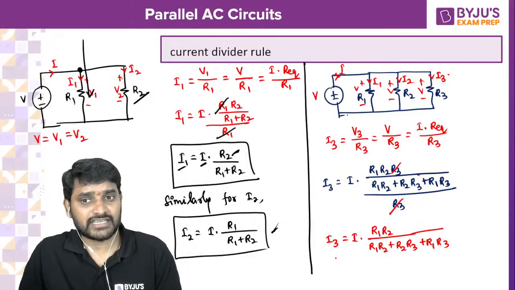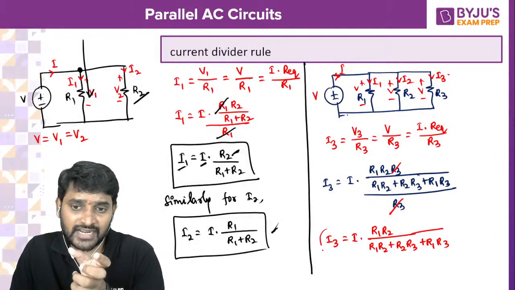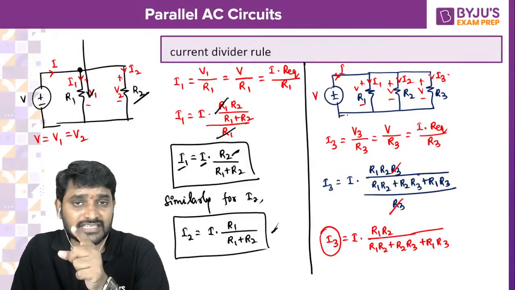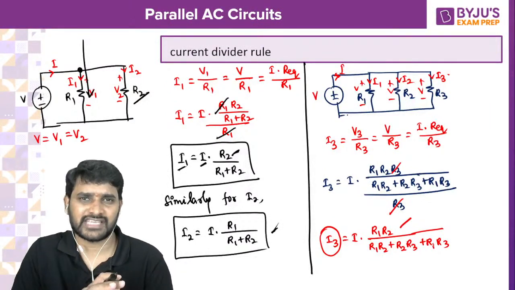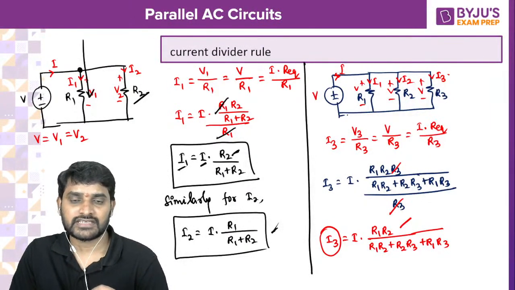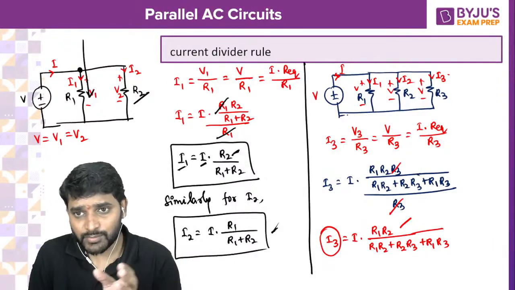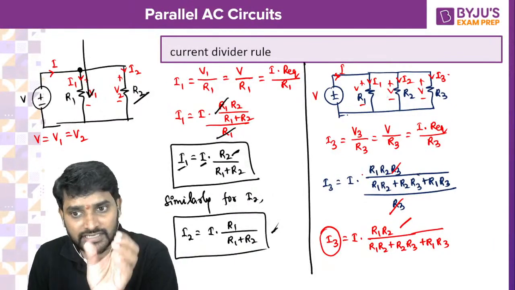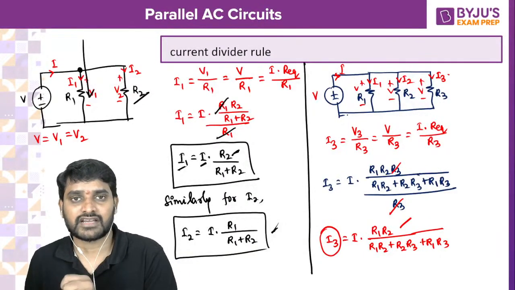So which is missing here? If they are asking for the current through the third element, R3 is missing in the numerator. Then the rest is going to be the same. So entering current into R1 R2, the opposite branch resistance product, divided by the total: R1 R2 plus R2 R3 plus R1 R3.